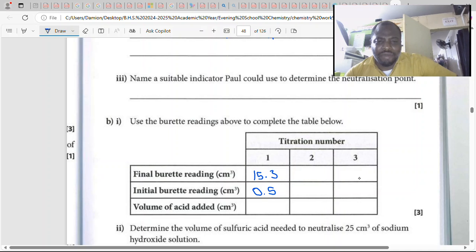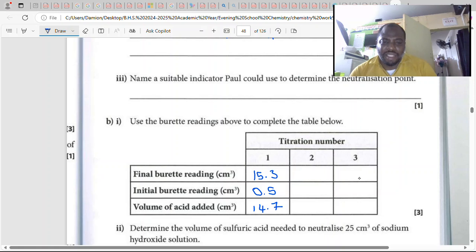Did you write them down? Nope. So we subtract the initial from the final, and we would have gotten 14.7. So you have to subtract it to find the volume.